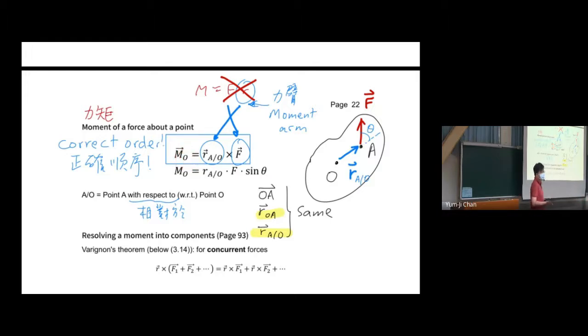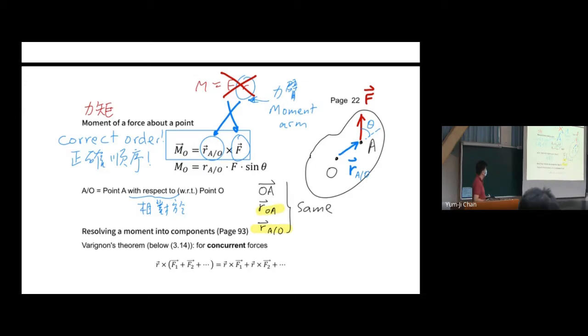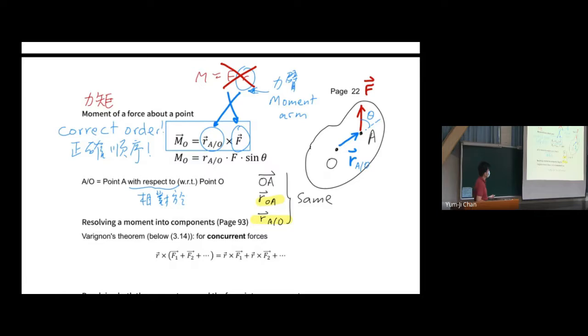I'll show it in a minute. This is one thing, and it's okay. I think you have learned about cross product at high school, and you have learned moments at high school. So we are just putting these two things together.